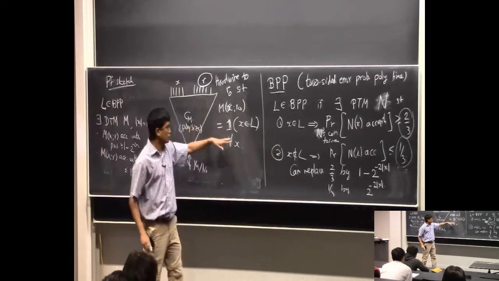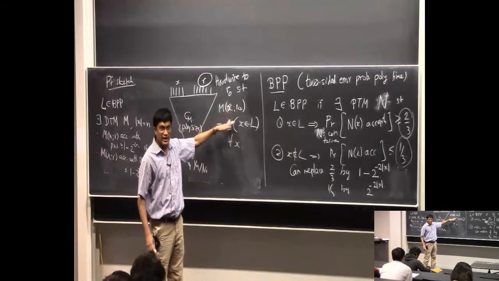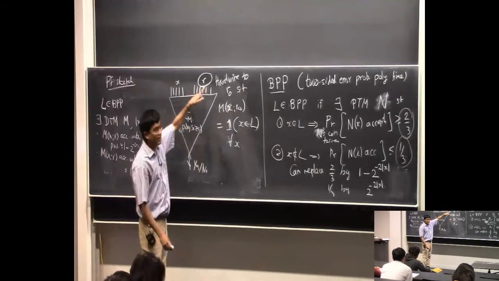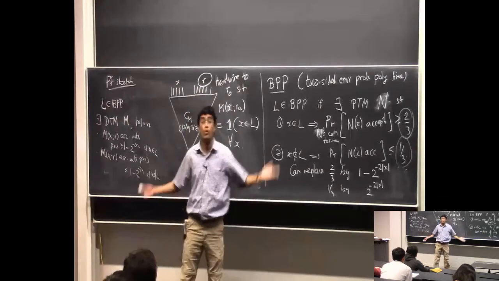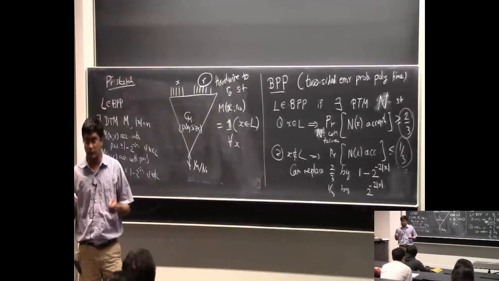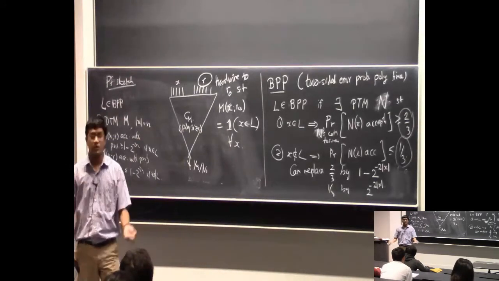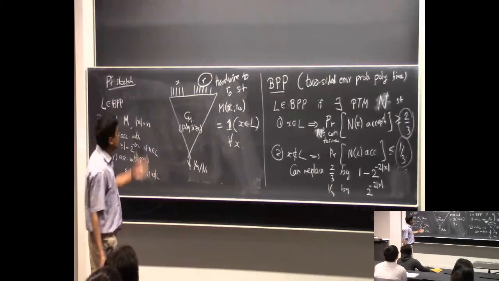Again, if this notation bothers you, I'm just being lazy, saying M(x, R0) is correct for every x simultaneously. So I proved there is such an R0. In fact, most R0s will do the job, but I can't use most and I can't use randomness. I need to find one deterministically. I don't know how to do that efficiently, but I have proved to you that it exists, so we'll just hardwire it.